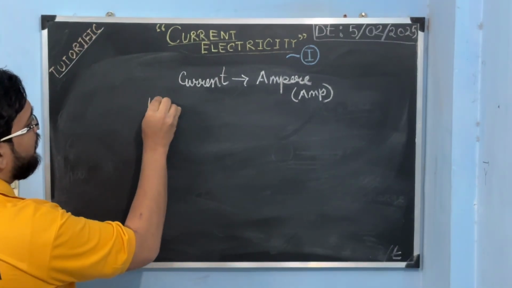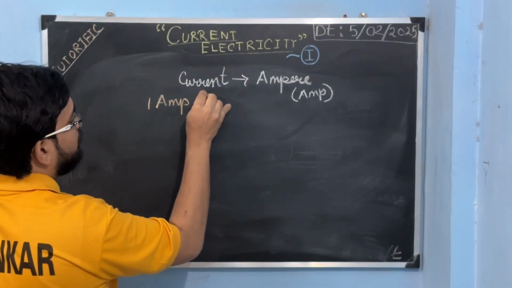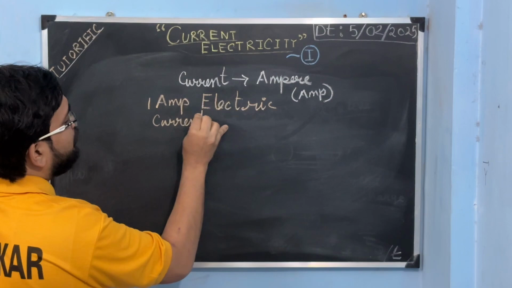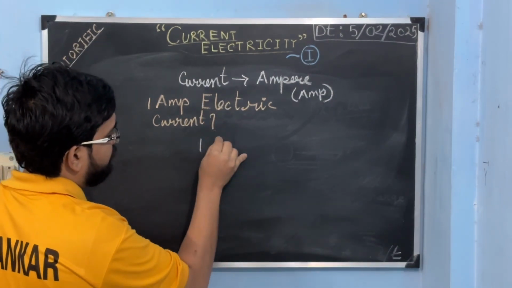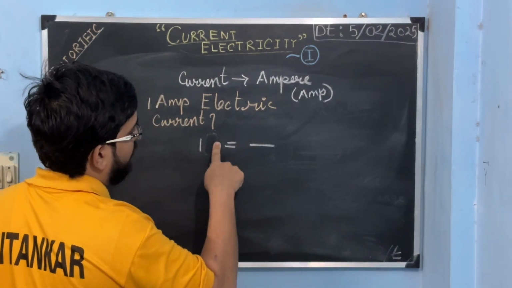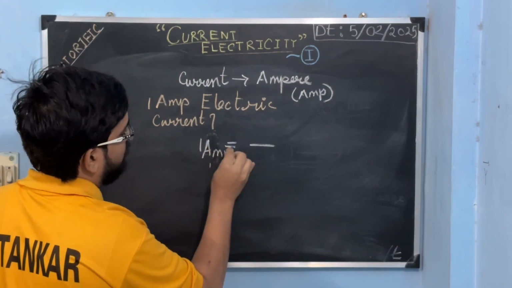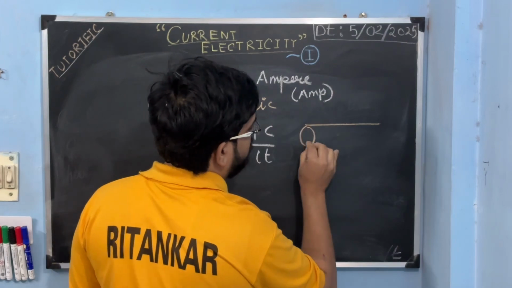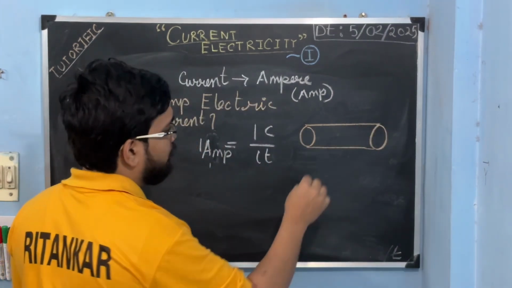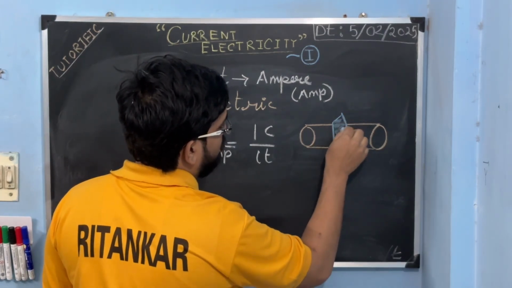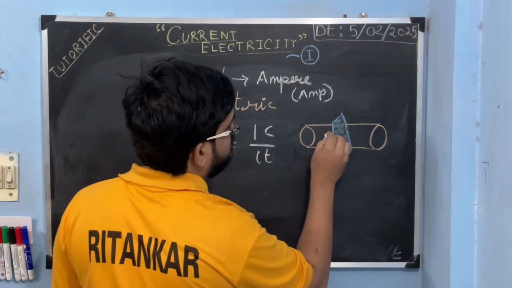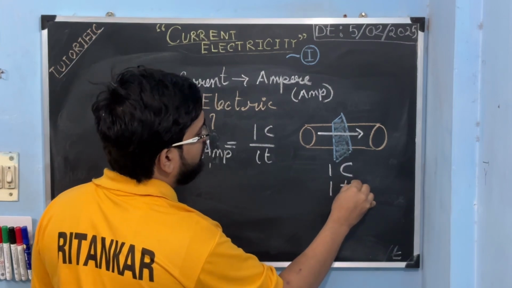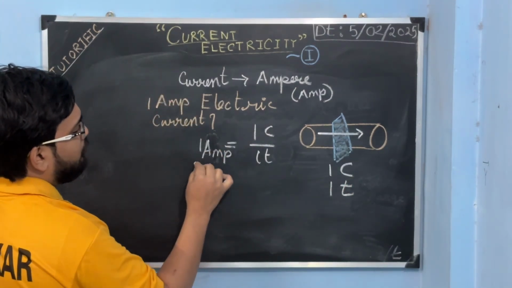So, what is 1 ampere of electric current? 1 ampere of electric current is basically 1 C is equal to 1 amp is equal to 1 C by 1 T. If you remember the diagram which I had drawn regarding the conductor, if I choose this particular cross section area, and through this, if 1 coulomb of charge is flowing for 1 unit of time interval, then the amount of electric current that is flowing is 1 ampere.